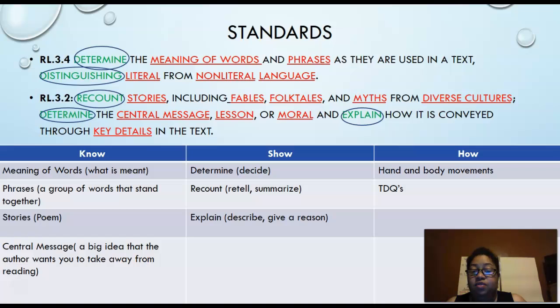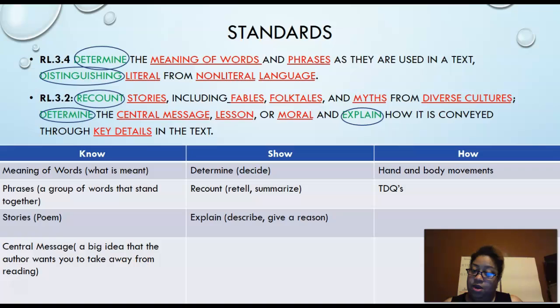And we have a story. And of course, the story is this book here, which is called The Water Dance. And of course, it's primarily in a poem form, okay? And we will be looking at the central message, which is the big idea that the author wants you to take away from reading.